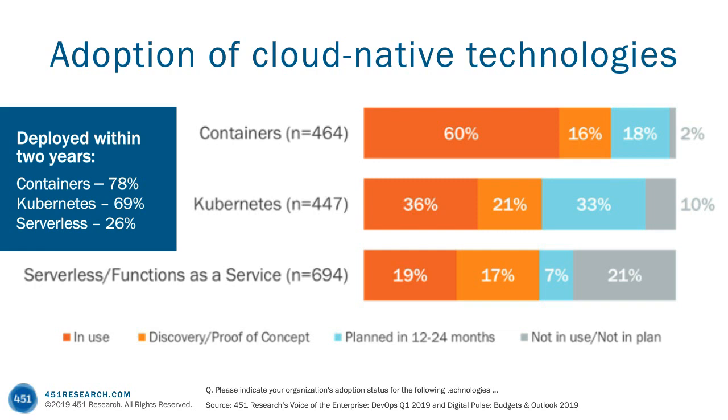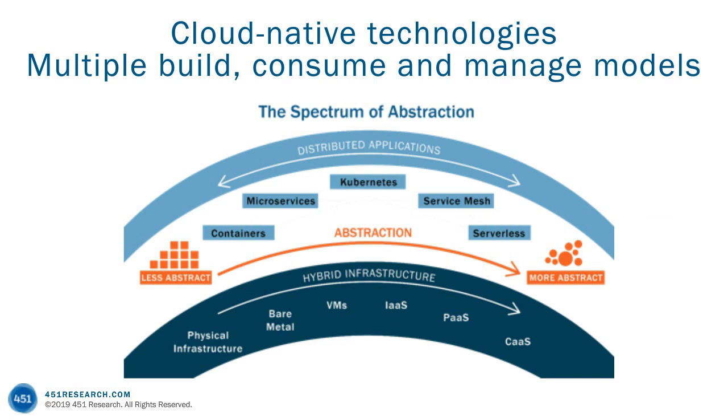So what we've done at 451 is to build this spectrum of abstraction just to try and understand at a high level what's going on here. And the way to unpack this is that ultimately enterprises are using a variety of cloud-native technologies and methodologies to pursue DevOps and digital transformation efforts.